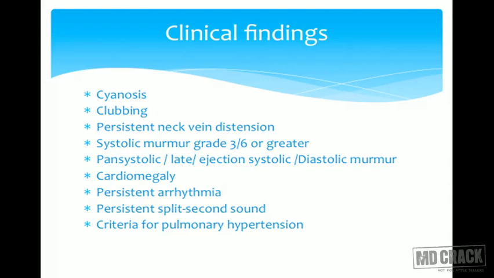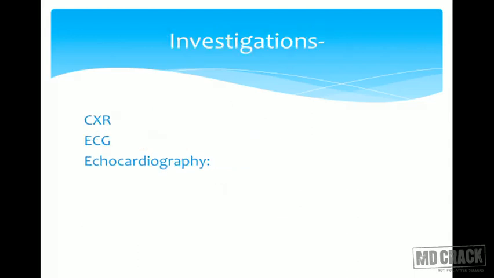Cardiomegaly will be found on investigations. There would be persistent arrhythmias or persistent split second heart sound, and or there would be presence of pulmonary hypertension, which is very critical.